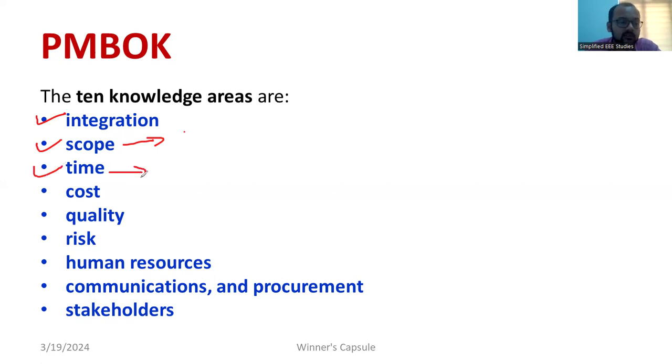Time delivery is most important. The project has to be delivered at the right time. On-time delivery is very important for a project. Also, the project should be delivered within the stipulated budget. Budget should not be exceeded. Suppose I tell my client that I'll complete the project within 3 years in a budget of 5 lakhs.